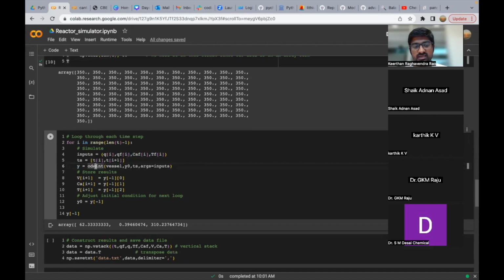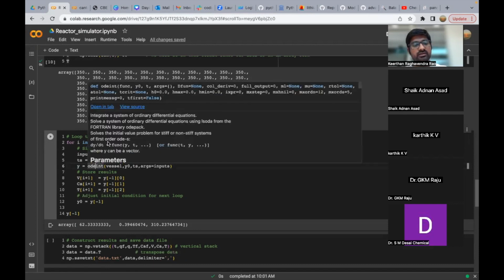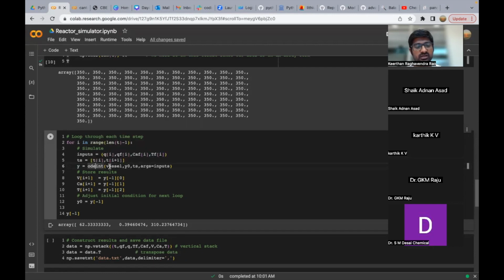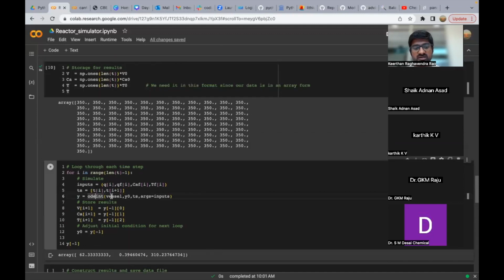So this odeint is the function that we imported earlier on in the notebook. It requires some arguments. In the first argument, we're going to pass in our function itself. Remember, this is also called calling our function. This is where we are calling our function vessel that we defined before.